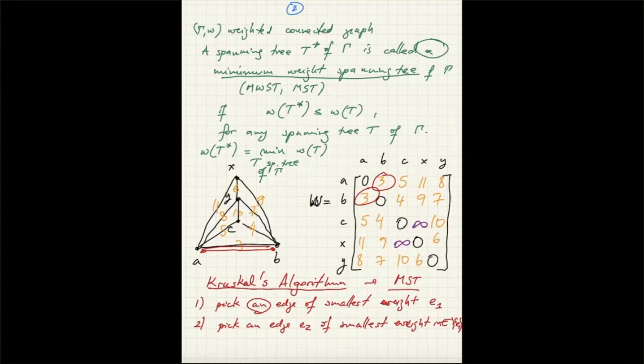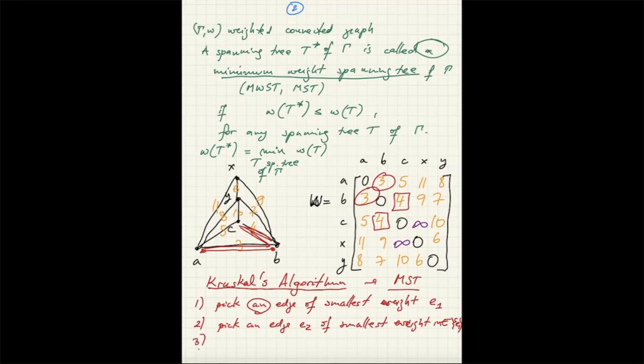In the first 2 steps, there's not much problem. This one will be BC, 4. That's the second one.